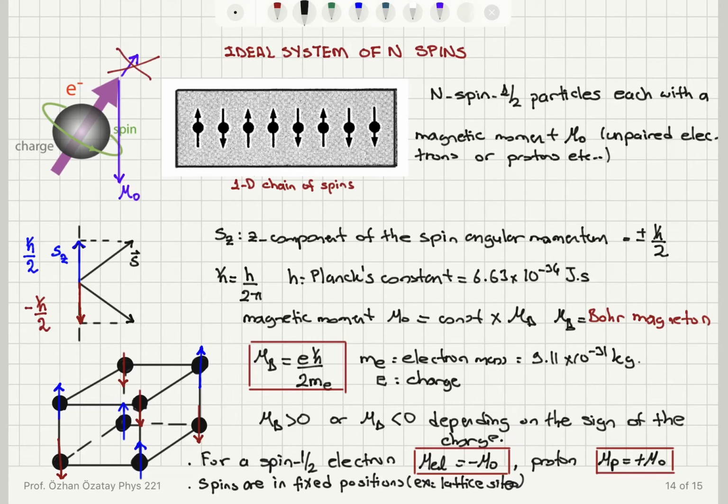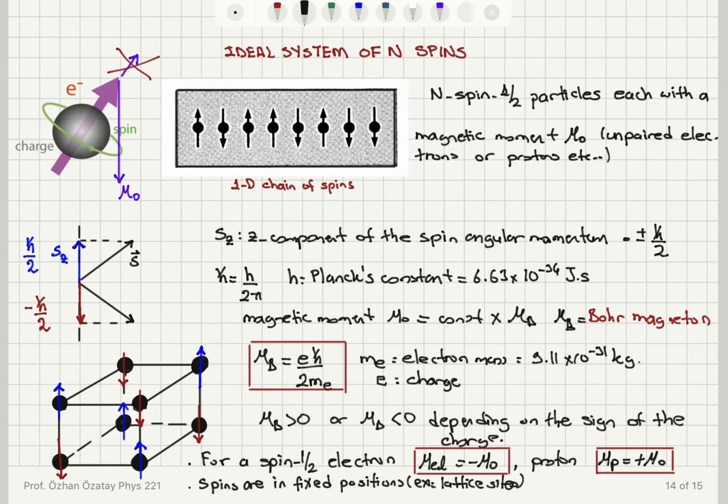The corresponding magnetic moment we find using quantum mechanics is a constant times a Bohr magneton, and this constant doesn't have to be an integer number. The Bohr magneton is the unit of magnetic moment, the quantum of magnetic moment you can say, and it is e h bar over 2 m_e. e is the charge, if it's an electron, the electron charge, and m_e is the mass of the electron, 9.11 times 10 to the minus 31 kilograms.